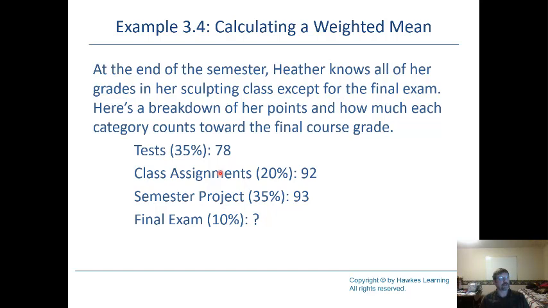So here is another student who's not done very well on the assignments and semester project, not so well on the tests, and hasn't taken the final, doesn't know what she thinks she's going to get on it yet.